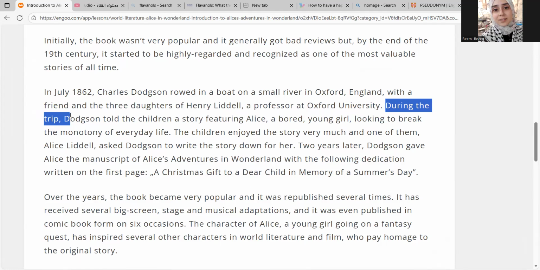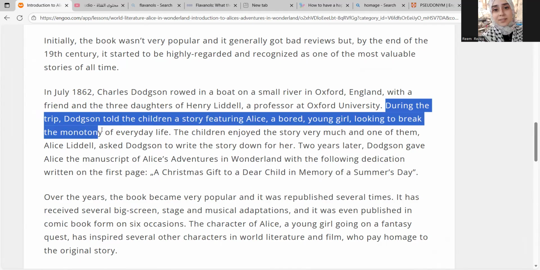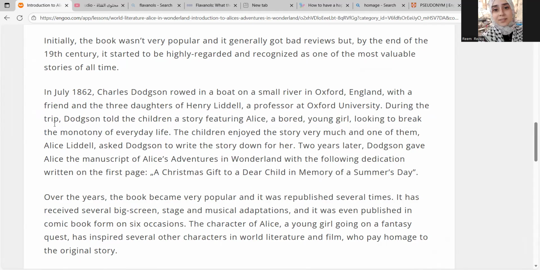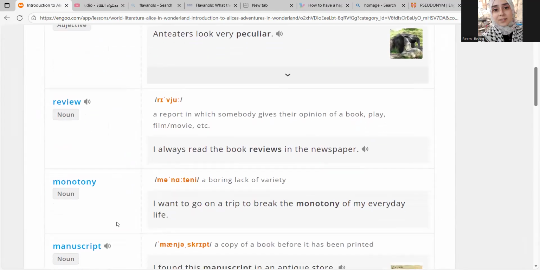During the trip, Dodgson told a children's story featuring Alice, a young girl looking to break the monotony of everyday life. So here, looking to break the monotony of everyday life. We have this word from before, monotony.